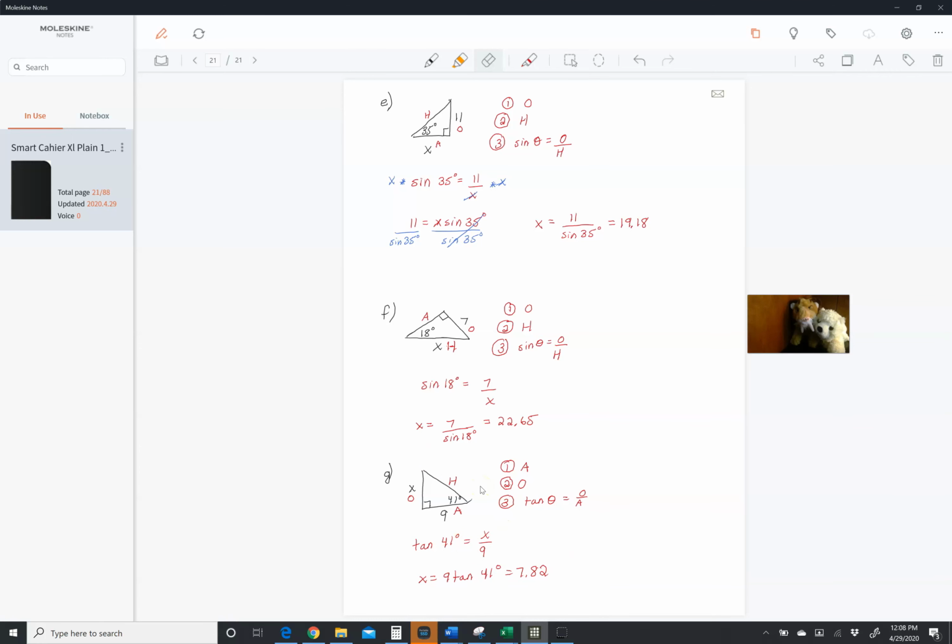Okay, so now we have missing angles, which is very similar.